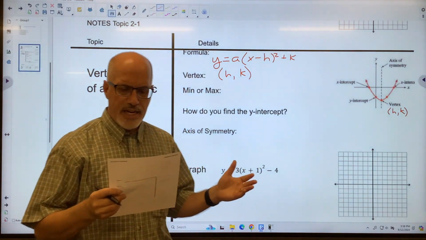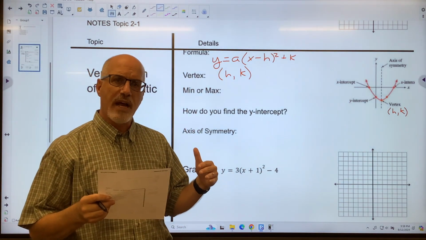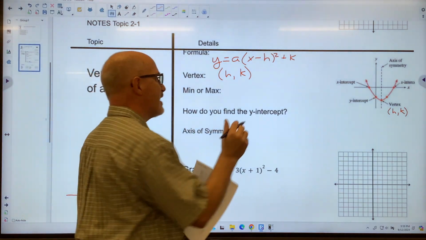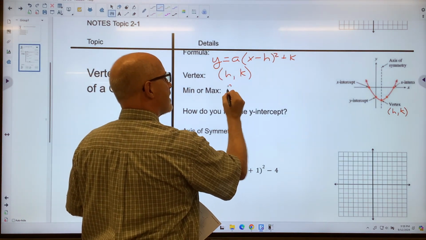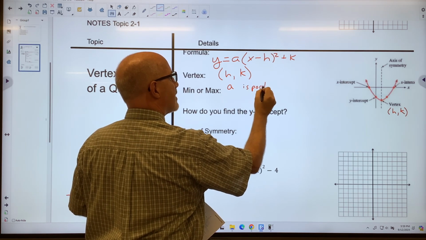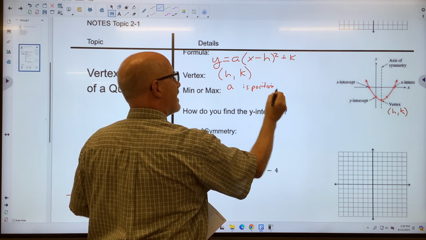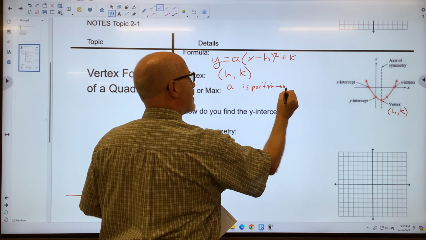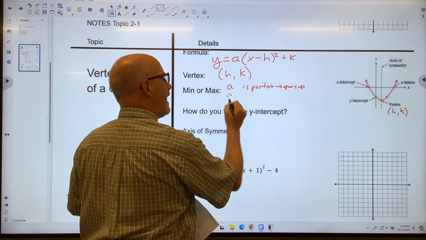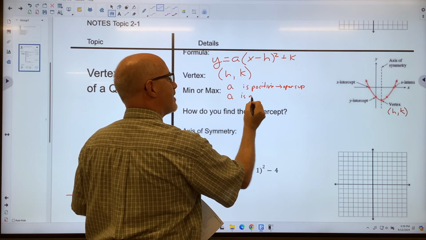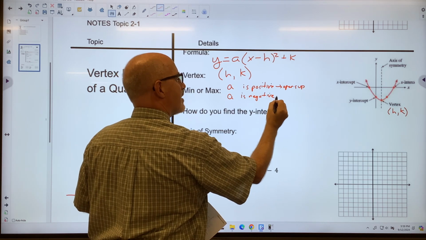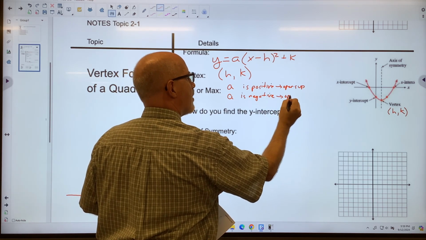Now, in order to find the min or max of this graph, we have to know whether it opens up or down. So remember, if the a, this number in front, is positive, then it opens up. If a is negative, then it opens down.